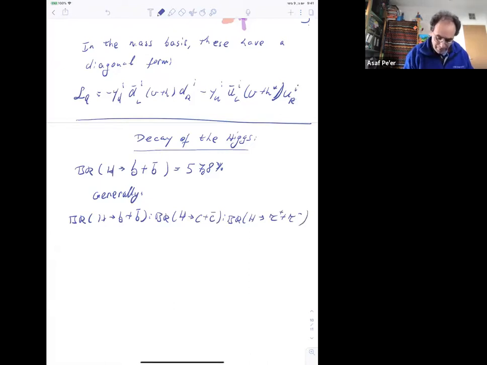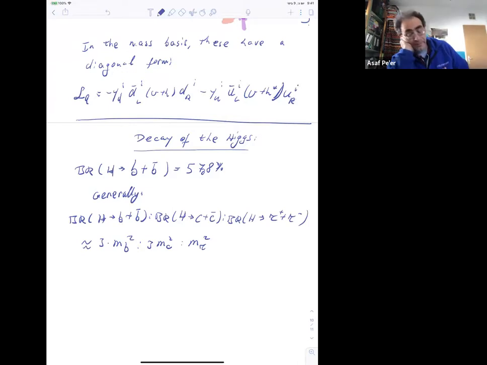So leptons. This should be roughly 3 times mass of the bottom, to 3 times mass of the charm, to mass of the tau, squared of course, because there are 2.